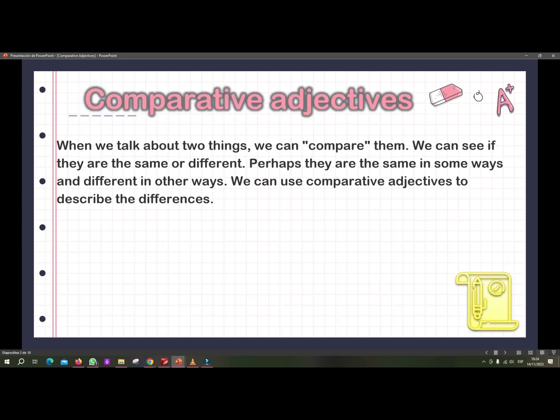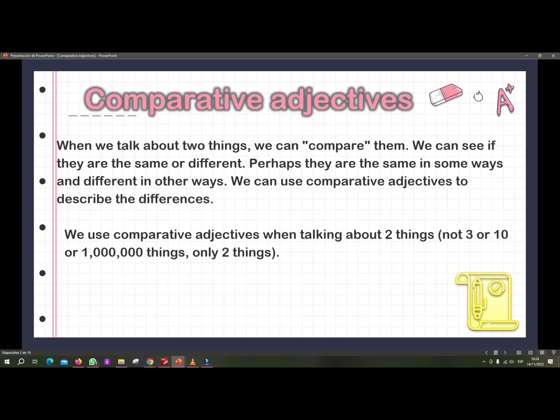Los comparativos solo lo vamos a utilizar con dos personas. Vamos a decir, María es más alta que Carmen o Miguel es más inteligente que Raúl, ¿verdad? Entonces estamos comparando dos personas. También podemos comparar dos objetos, animales, etcétera, ¿verdad? Pero dos, porque estamos comparando.